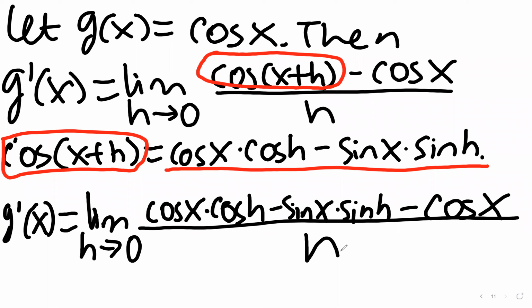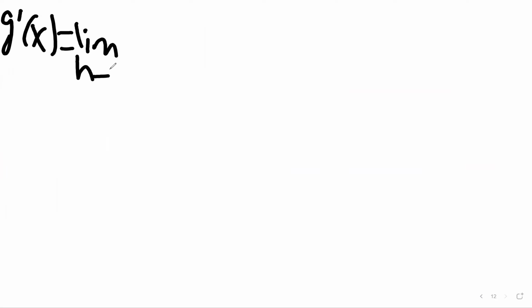Similar as before, we take a look at the common factor here. We have cosine of x, also cosine of x. So we will group these two into one term. I will continue on the next page. We will have g prime of x, or the derivative of cosine of x, is the limit as h tends to 0.